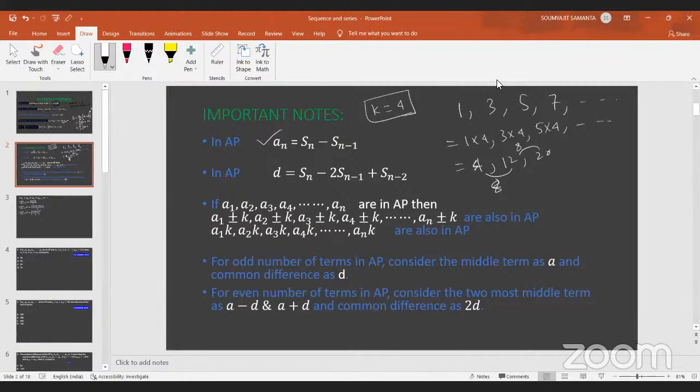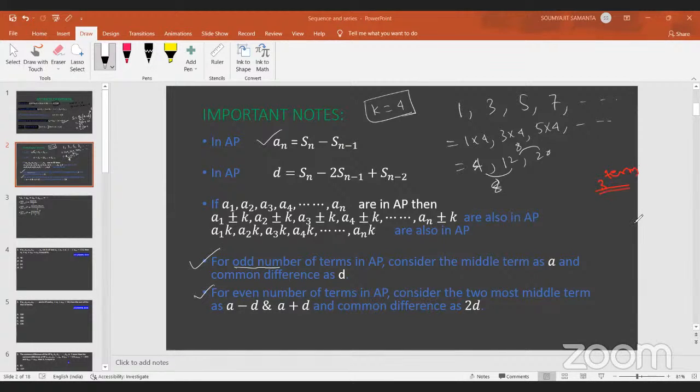Now see, these are two things we should remember. Suppose there is mention of the sum of 3 terms, or the sum of 4 terms. If an odd number of terms are there in the AP, we should consider the middle term as A and the common difference as D. For example, if we are taking 3 terms, we need to define 3 terms.